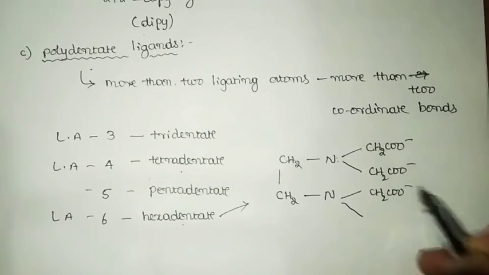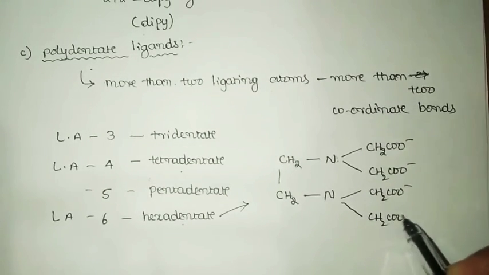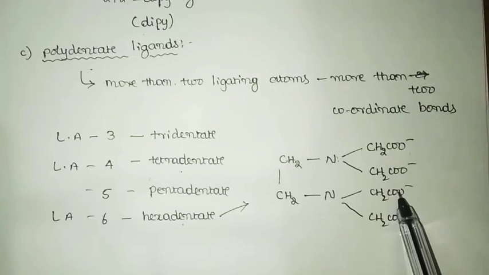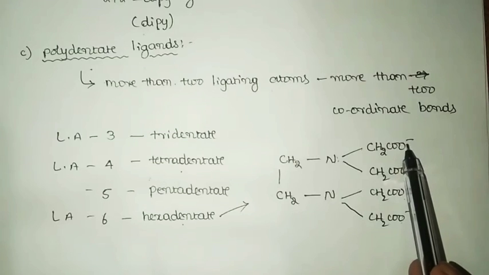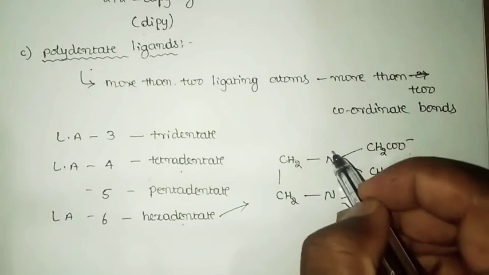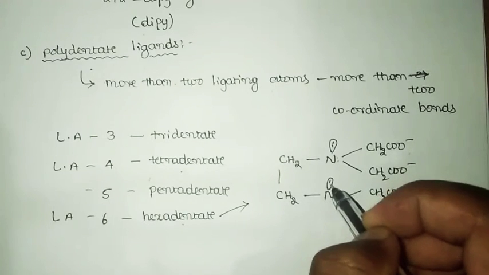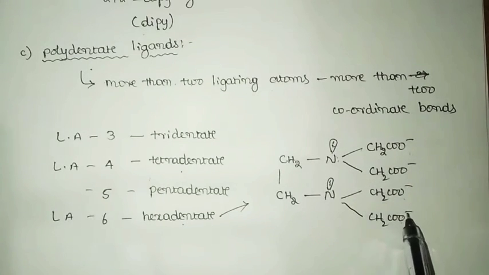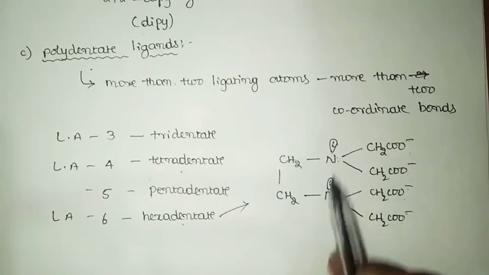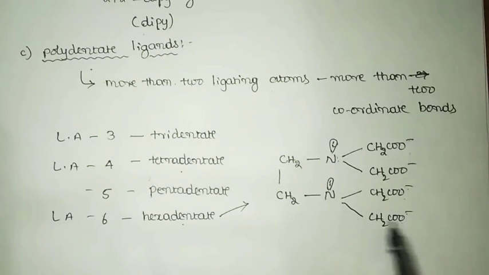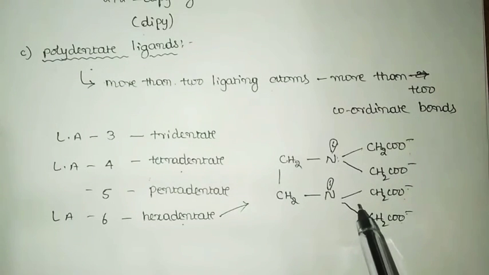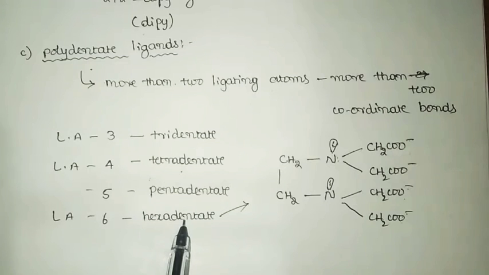So all the 4 hydrogen atoms have been replaced with acetate ions, and you can notice there are 4 negative charges present on the oxygen atoms. So these 4 oxygen atoms carrying the negative charge will act as ligating atoms, and there will also be lone pairs of electrons on the nitrogen atoms. These lone pairs will also be donated to the central metal ion. So these 2 lone pairs and 4 negative charges, totally 6 pairs of electrons, are available on this particular ligand. Hence we can call this a Hexadentate Ligand.